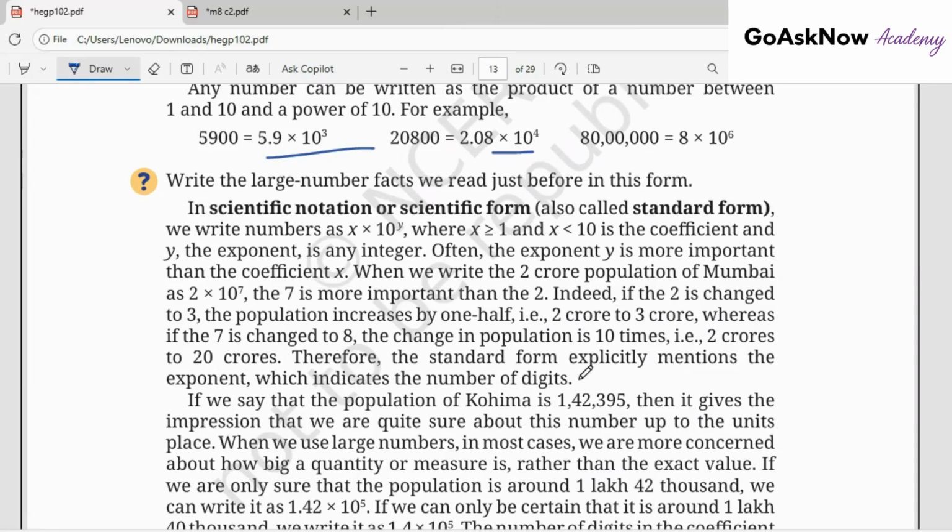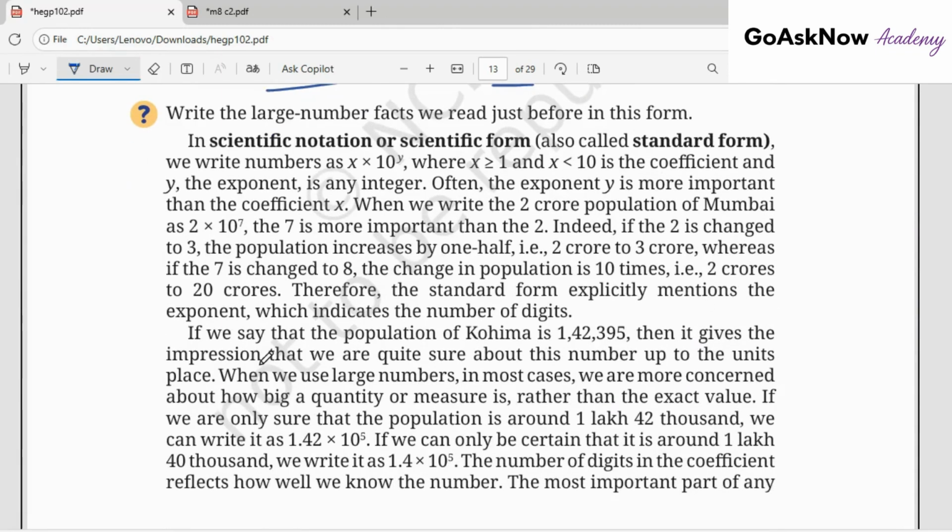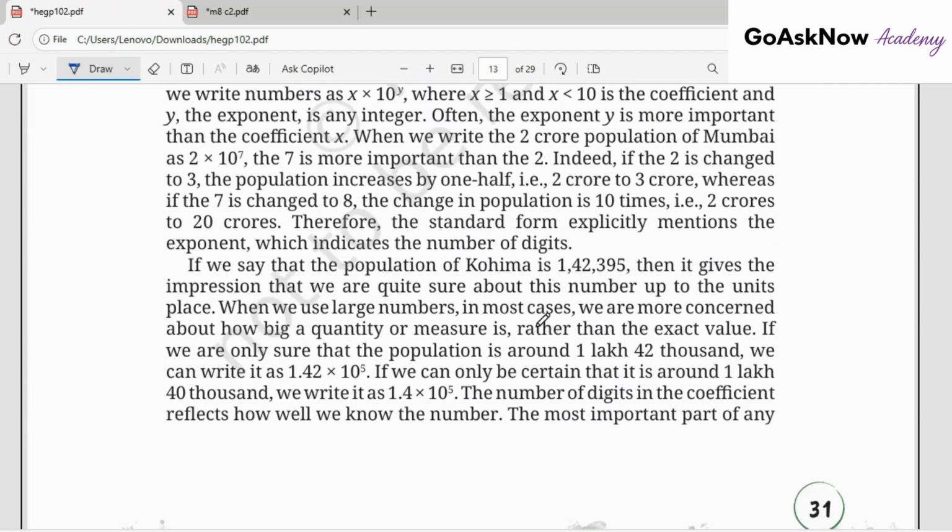Therefore, the standard form explicitly mentions the exponent, which indicates the number of digits. If we say that the population of Kohima is 1,42,395, that gives the impression that we are quite sure about this number up to the unit place. When we use large numbers, in most cases we are more concerned about how big the quantity or measure is rather than the exact value.